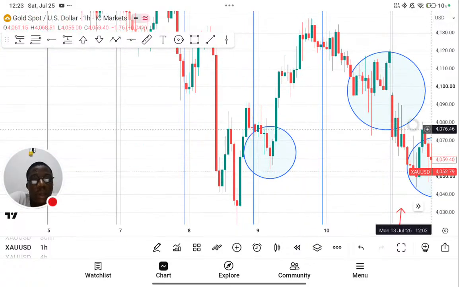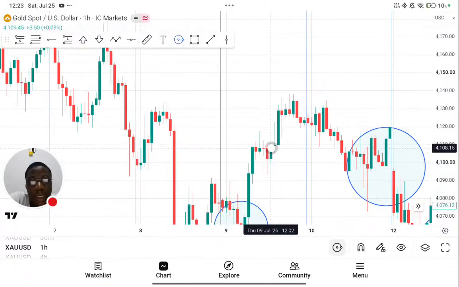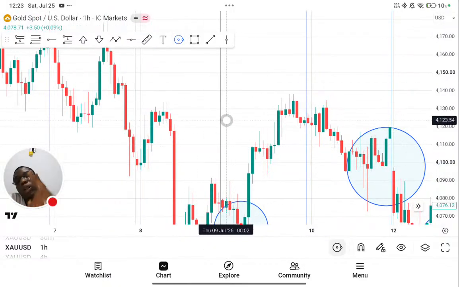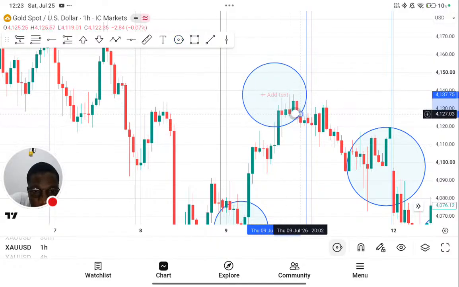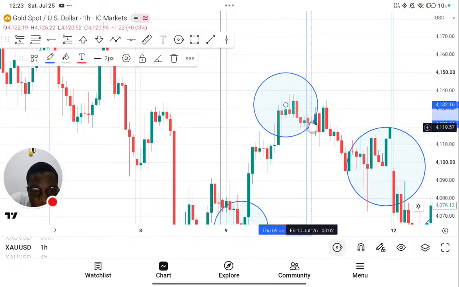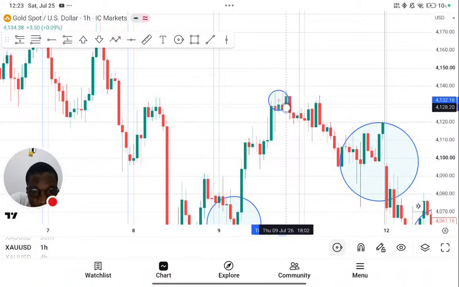Example, look at the evening star here. Either way, we have the morning star and evening star, right? So the one above is, I don't know, either evening or morning. But then this, I want you to look at this single candle. Look at what was happening.